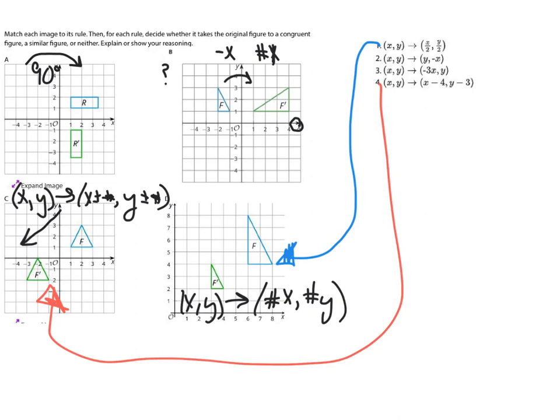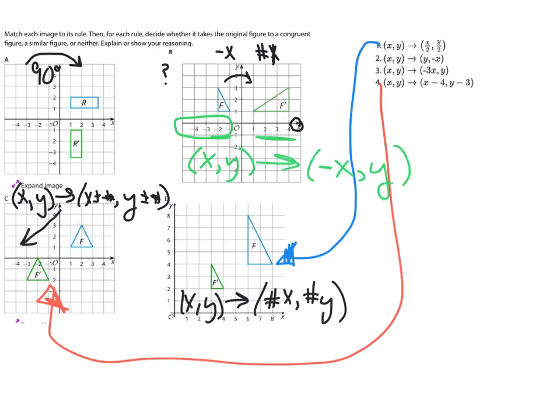So letter B, I know when I reflect something over the y-axis, my x coordinate is going to go from a negative x to a positive x, but it's just the opposite sign. So I'm going to have (x, y) going to (negative x, y).